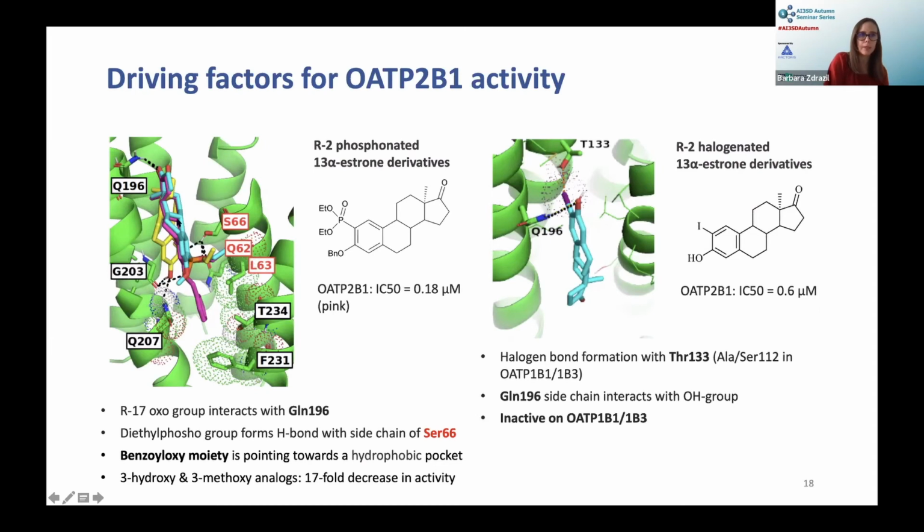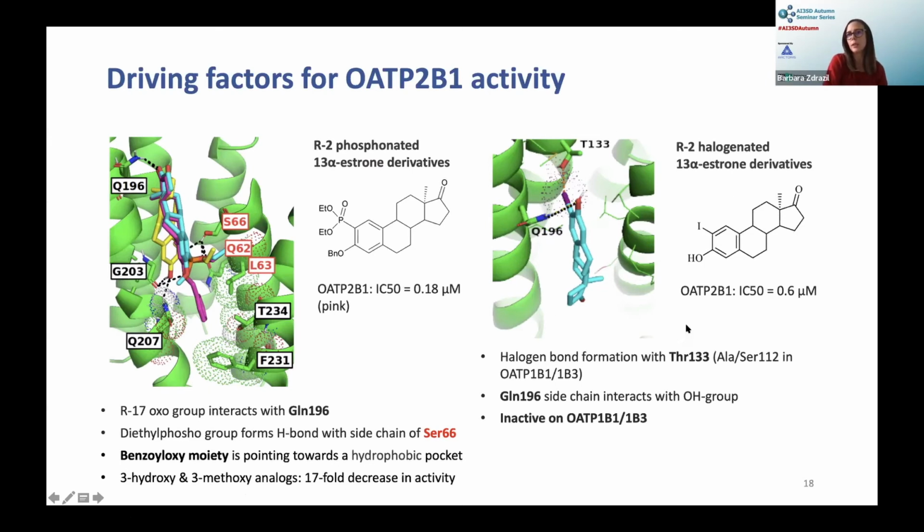We found that it was binding in the way you can see here, where a serine is also an important interaction partner. And then this benzoyloxy group is again buried in a hydrophobic pocket. We also saw that analogous compounds which don't have a benzoyloxy here, but a hydroxy or methoxy group, lead to decreased affinity.